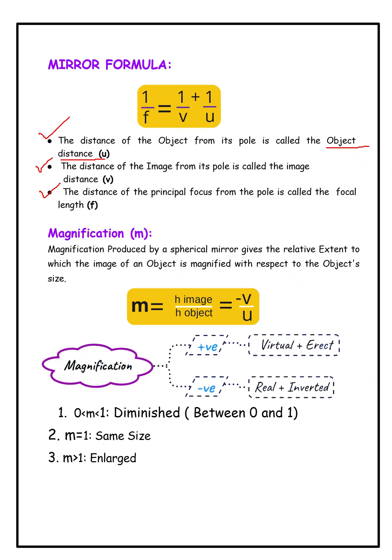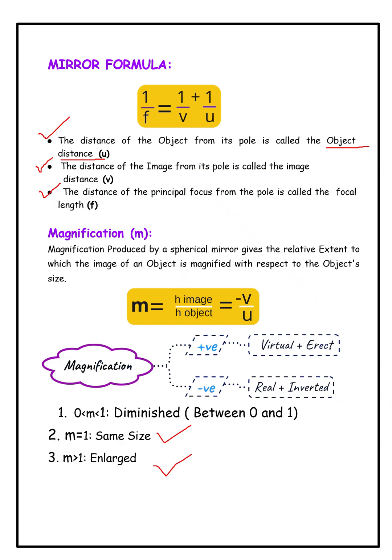This is the easiest way to explain so that you will not forget. If m is between 0 and 1, the image is diminished; if m is equal to 1, it is the same size; and if it is greater than 1, it is enlarged.